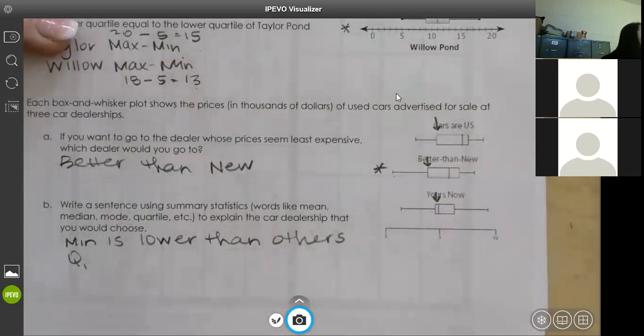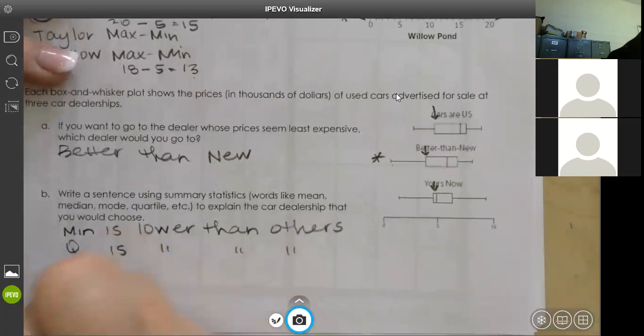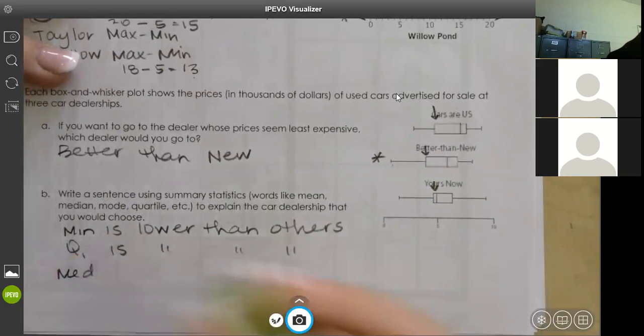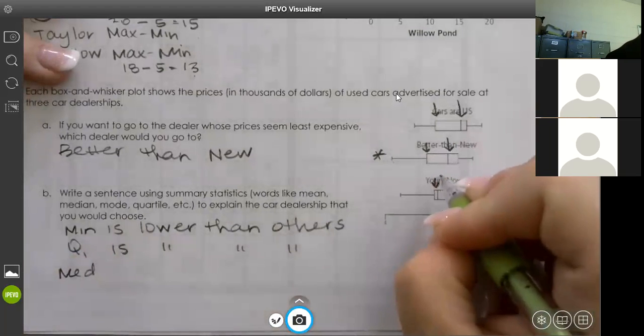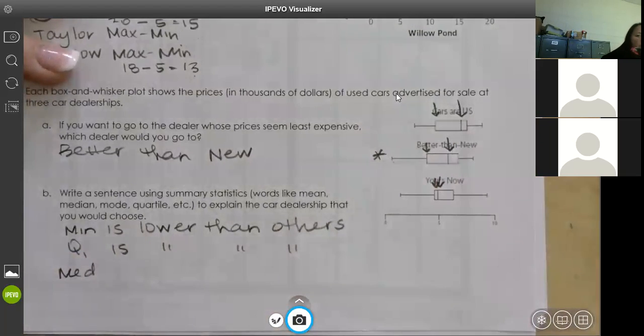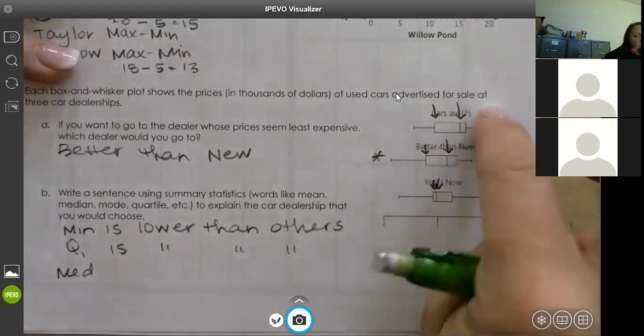Is it bigger, lower, same? It's lower. So it's exactly the same. What about our medians? This is the one where it's going to be a little different. So remember, this line is the median. And this one's right on top of that arrow as well.